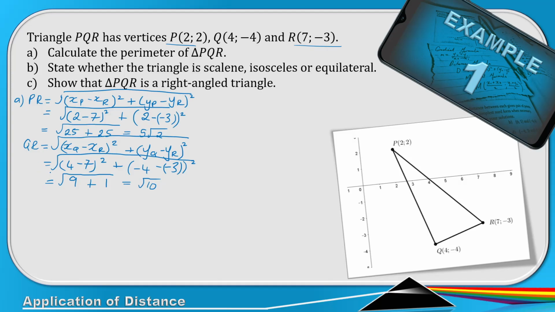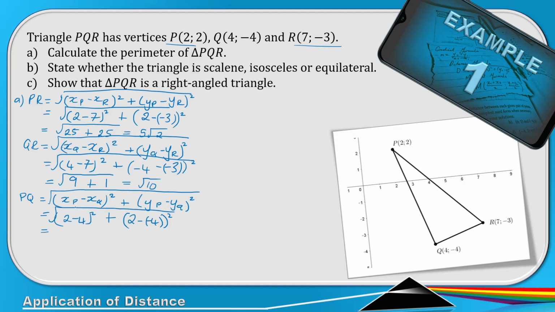And then finally, we just need to find the distance of PQ. So PQ is equal to the square root of x of P minus x of Q squared plus y of P minus y of Q squared. And then we substitute it in. So we have 2 minus 4 squared, and then plus 2 minus negative 4 squared.